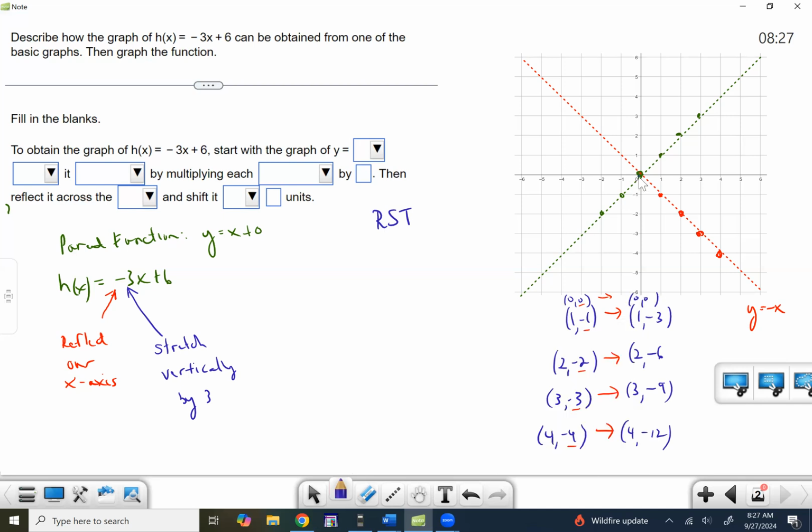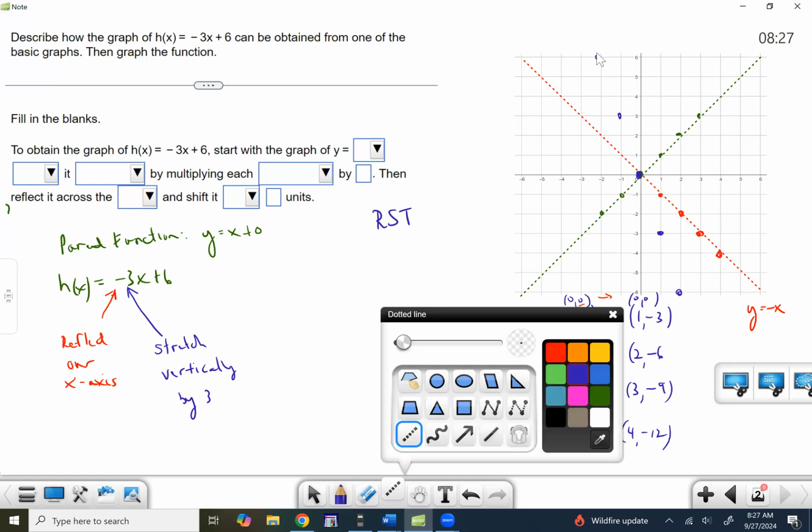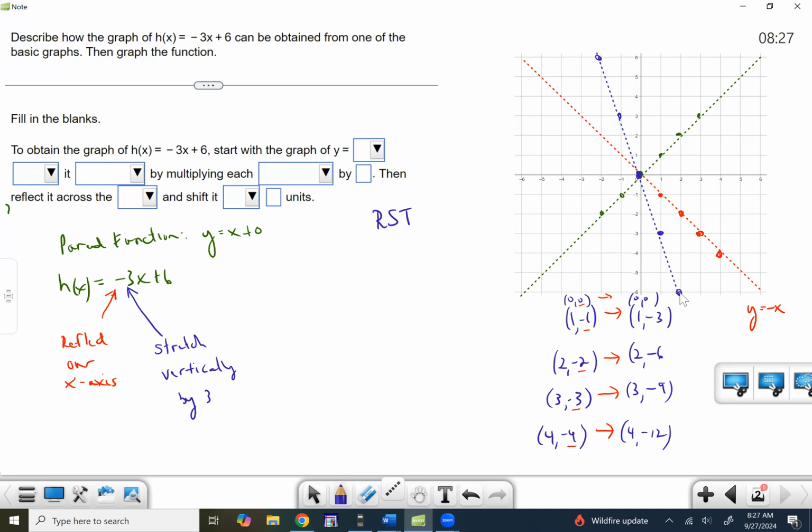So this point's going to stay. 1, negative 3, 2, negative 6, and that's the last one on our chart. Okay, you could probably see that it'd be 1, negative 1, positive 3, and negative 2, positive 6 to stay on the same line. So let me go ahead and draw a line through that.